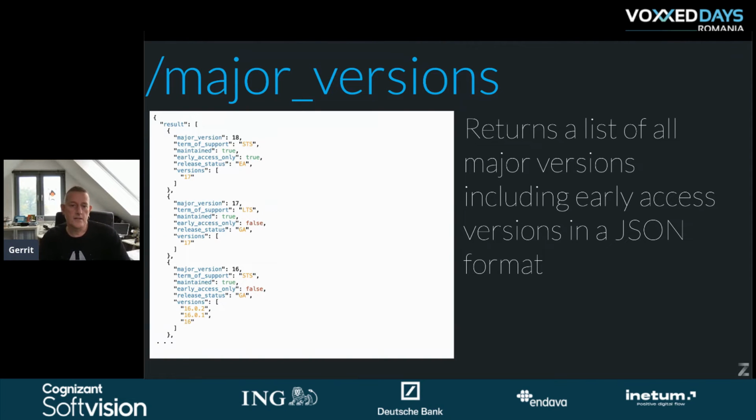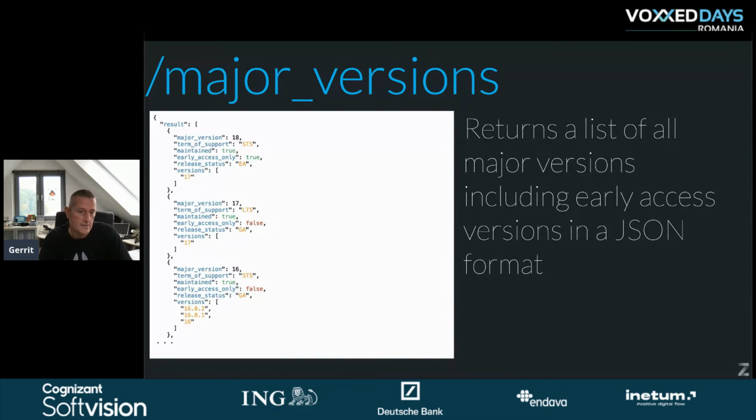And this is, for example, the response. You get something like major version is 18, it's a typo because I just typed it in, and then versions, this is wrong, so the first entry is just not correct. But in 16, the lowest one of these three, you see the major version is 16. The term of support is short-term stable.